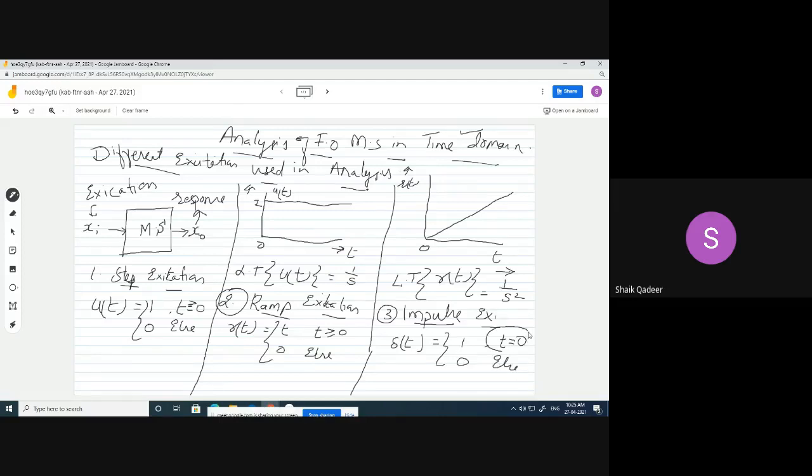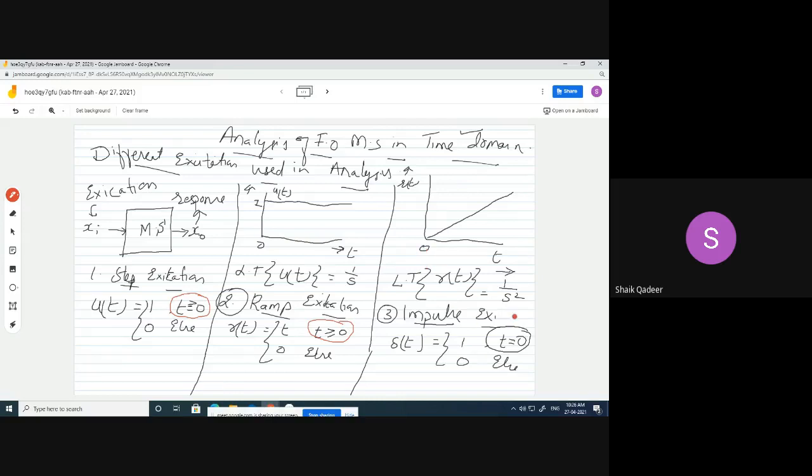Observe this here. The step is infinite instants of time starting from 0. The ramp is also infinite instants of time starting from 0.